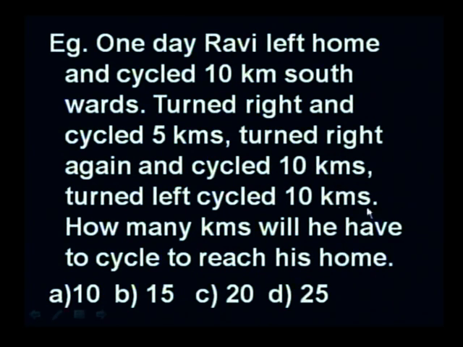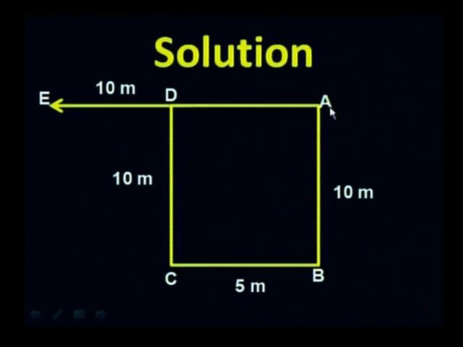So, from here he has taken a right turn, cycled 5 kilometers, turned right again, that means he went towards the north, cycled 10 kilometers. From there he has taken a turn left.